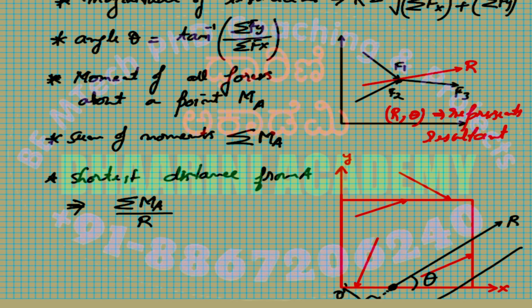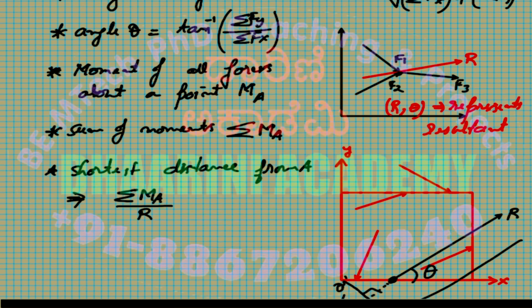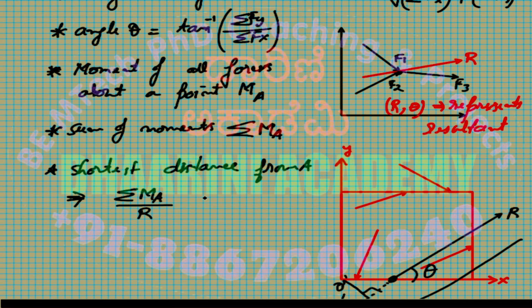So that's the first thing, the distance. You can call this some distance D, distance from A.